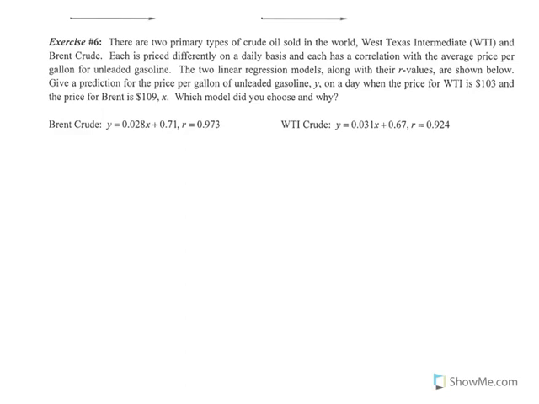Okay, so we'll start with Brent. They told us that Brent was 109 as the X that we had to substitute in. So what we're going to do is copy down this formula, but instead of writing X, we're going to replace that X with 109. And don't worry about the R value at the end for now.